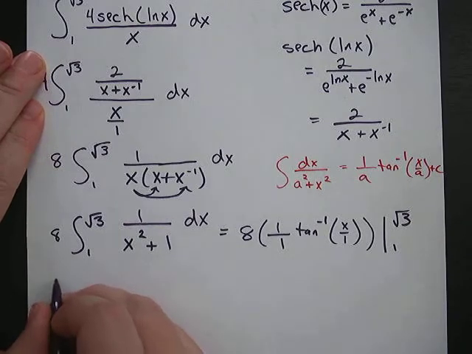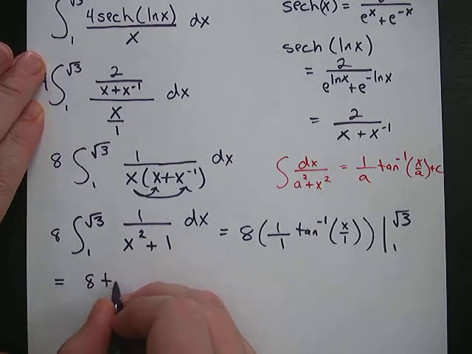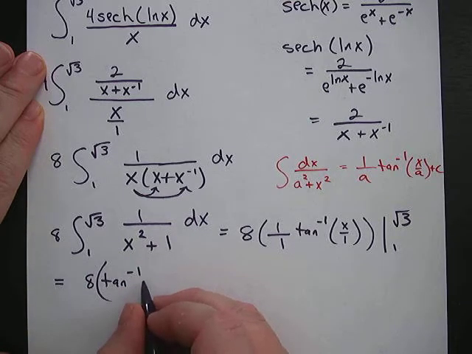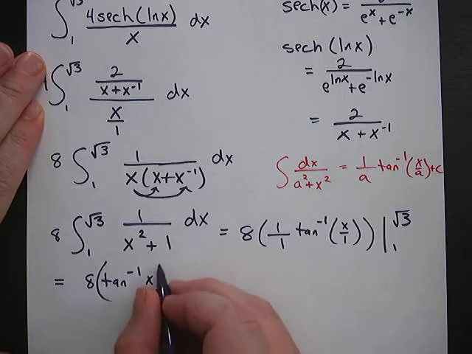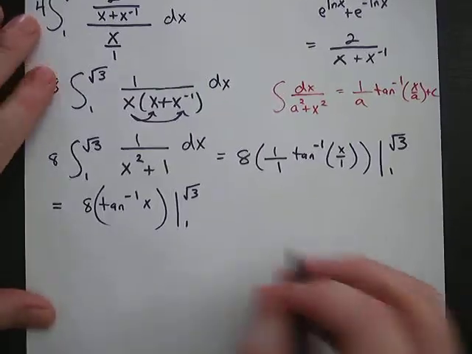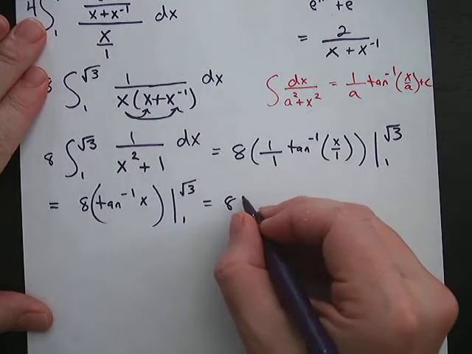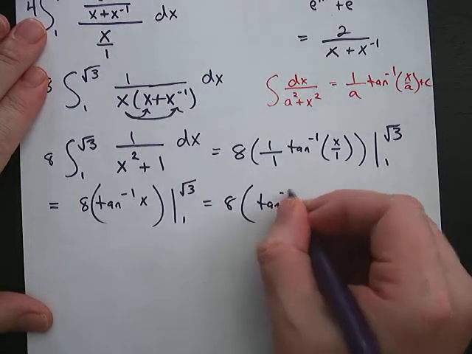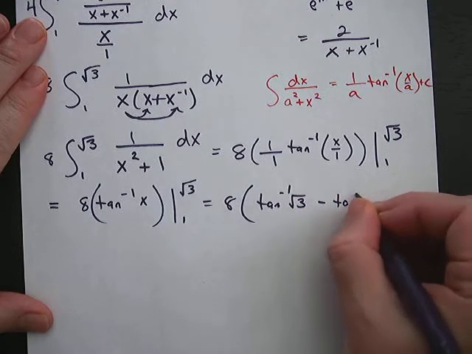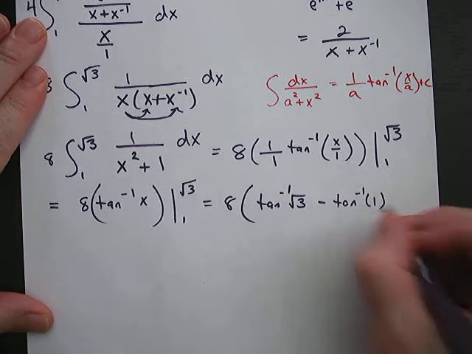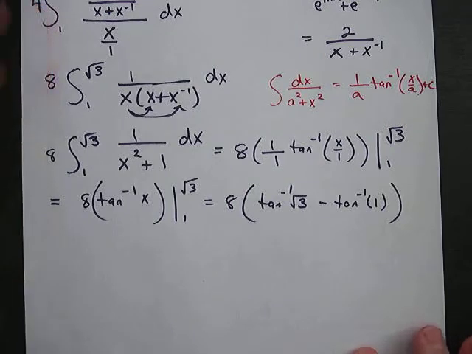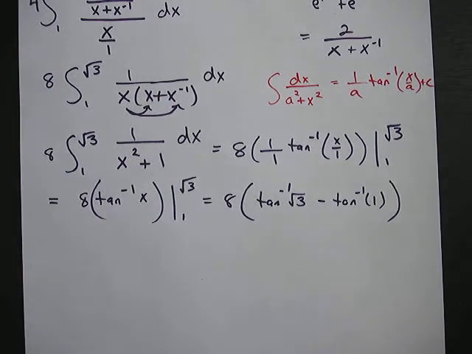Okay, so that gives us 8 times inverse tangent of x, keeping parentheses around that, integrated from 1 to square root of 3. Let's plug those in. We get 8 times inverse tangent of square root of 3 minus inverse tangent of 1. Now you should have a unit circle handy. You may already know these values.